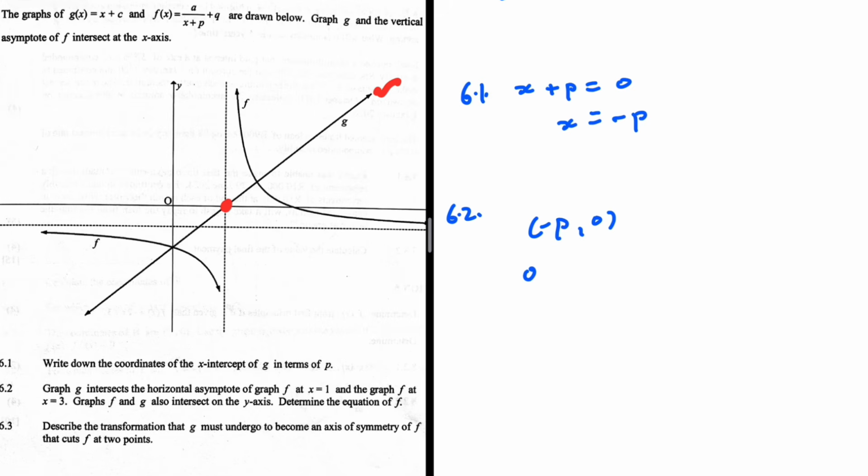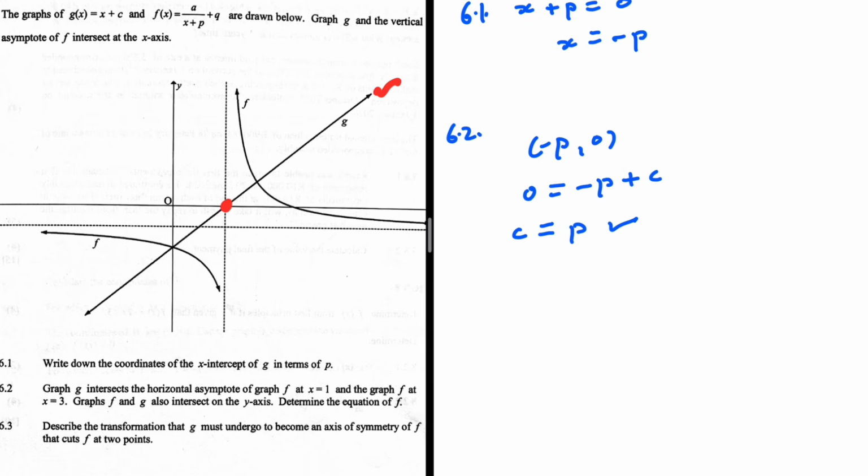If we do that, we get 0 equals minus p plus c. So clearly c equals p. So we've used 6.1 to deduce that c equals p. We've used that piece of information.